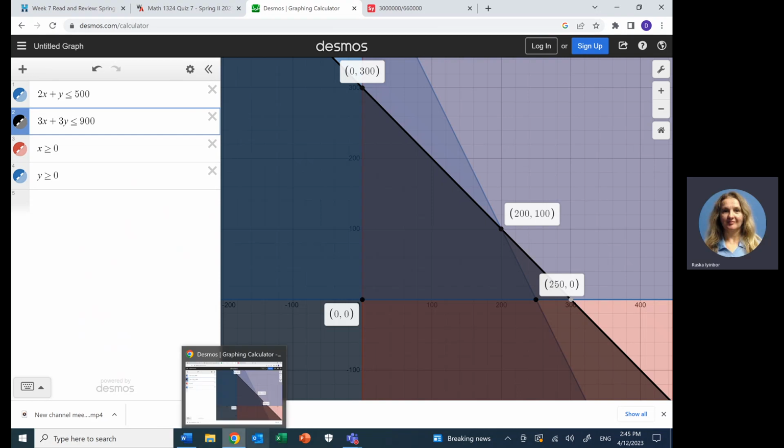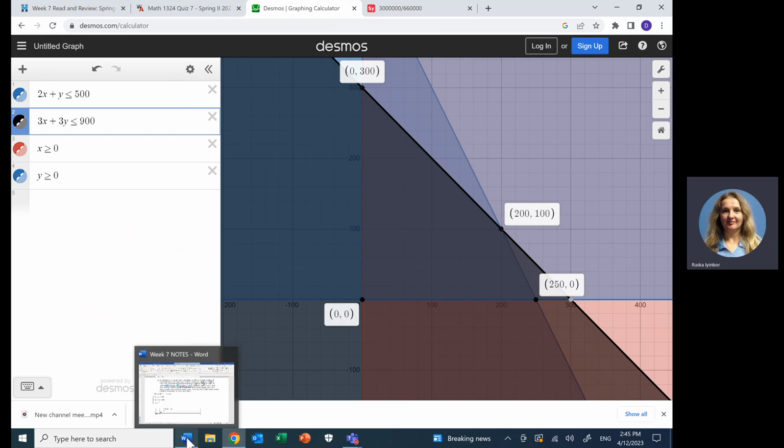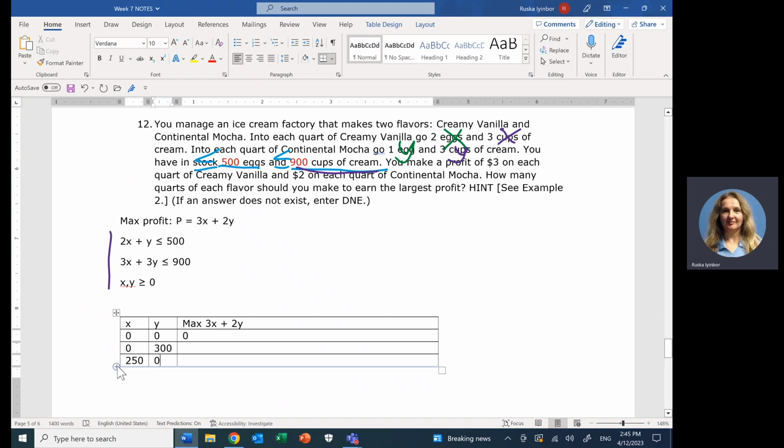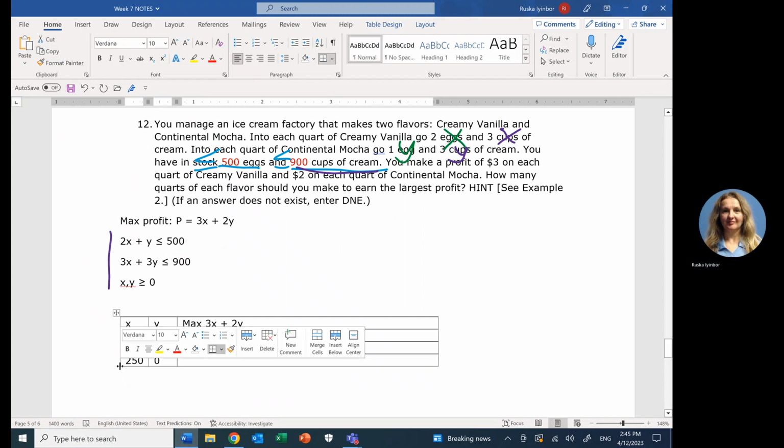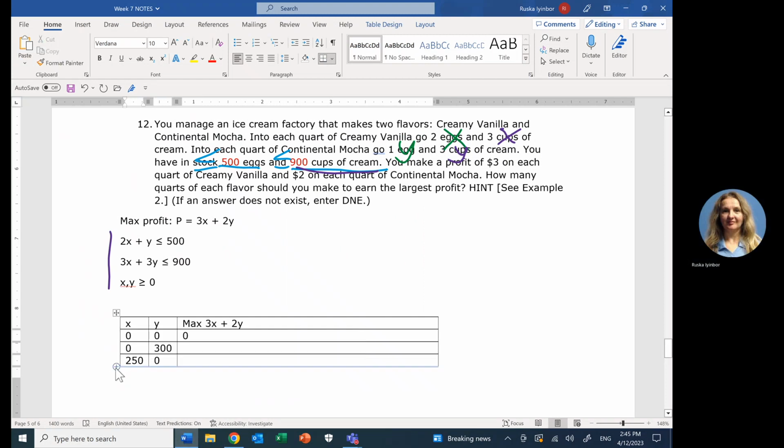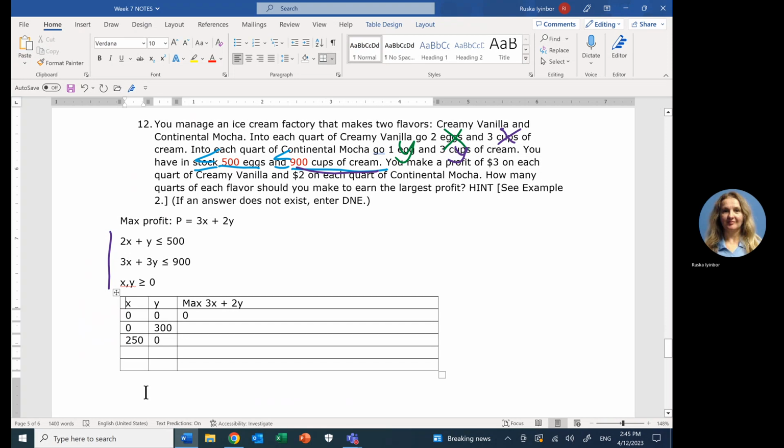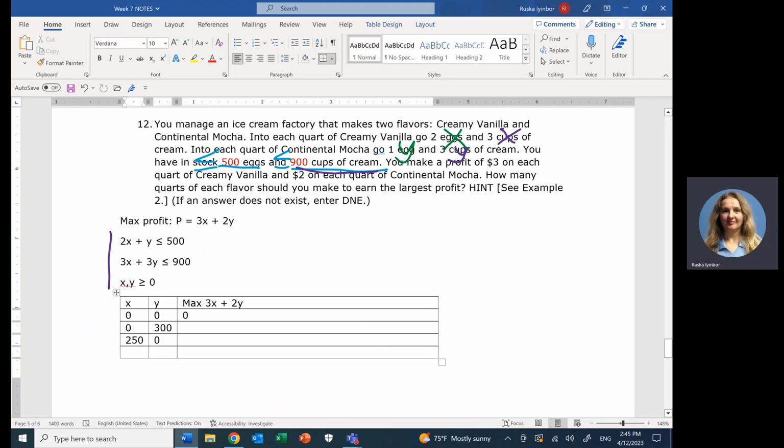So let's use 200 and 100 in here. I'm going to delete the last one. We have 200 and 100.